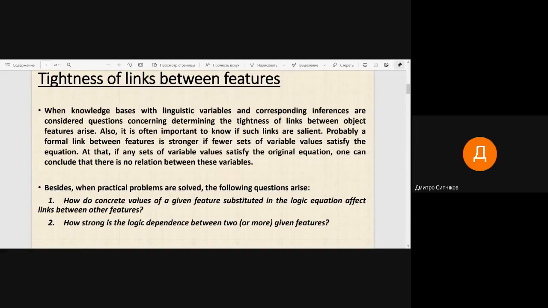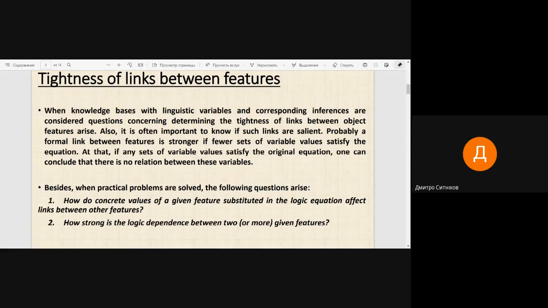We're going to discuss the tightness of links between features. It can be compared with degrees of freedom for these features. When knowledge bases with linguistic variables and corresponding inferences are considered, questions concerning determining the tightness of links between object features arise.